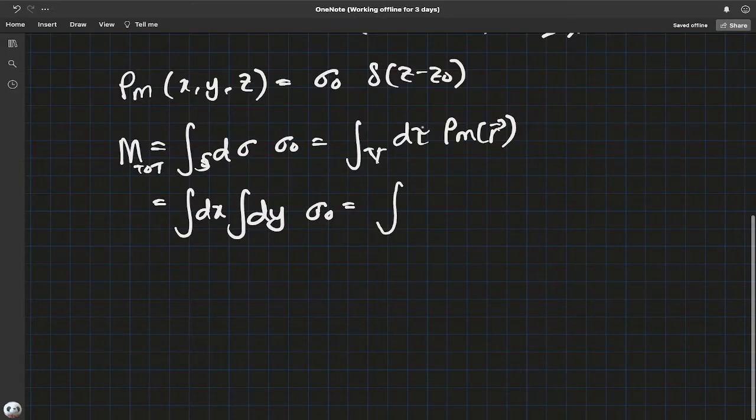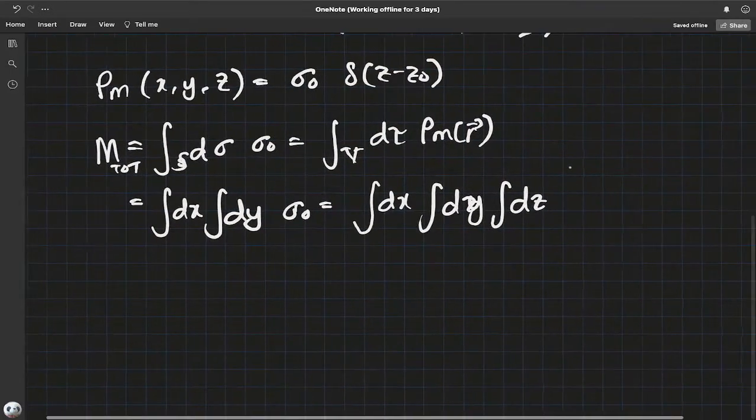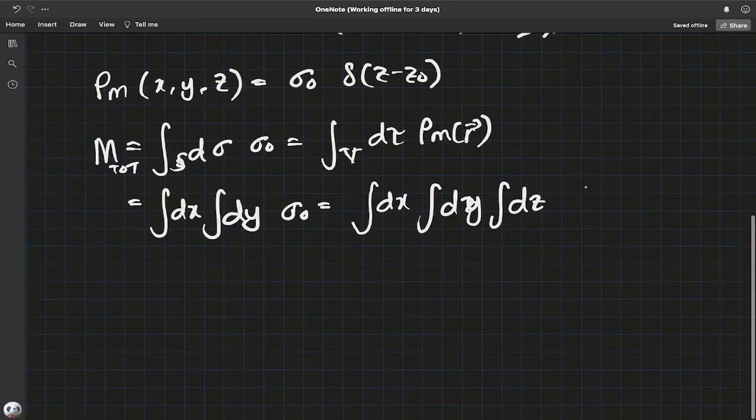Now the volume element will be dx dy dz. Let's go in order. We had proposed this density, so just plug that in and check whether the left hand side and right hand side are satisfied.